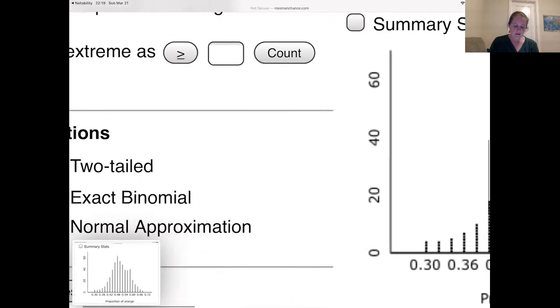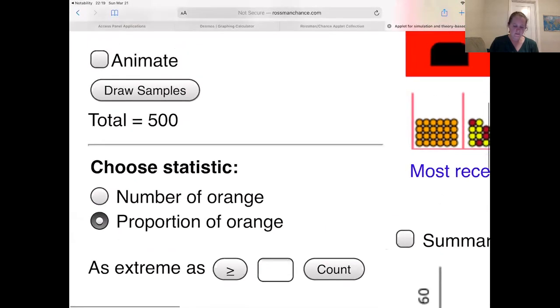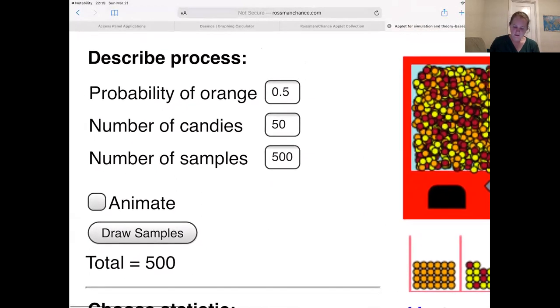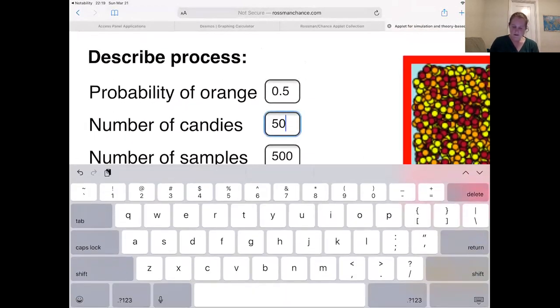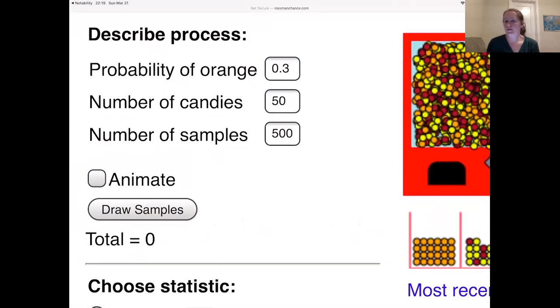And then let's see what happens if we change the proportion to, let's say 0.3, so 30% of the candies in the machine are orange, and we'll see what happens.